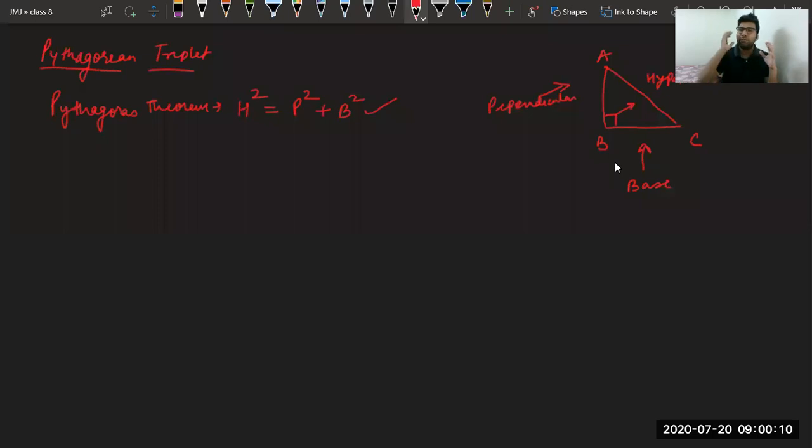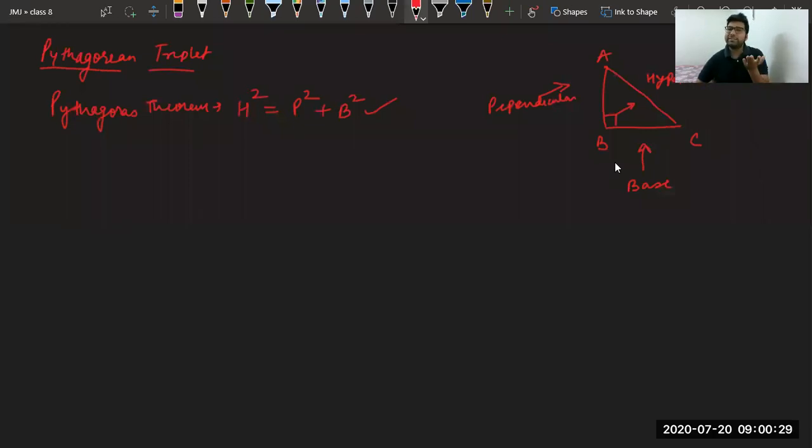This is a simple formula by Pythagoras, by which we can find any unknown side. If you have a right angle triangle, if you know two sides, you can easily find the third side with the help of this formula, that is hypotenuse square is equal to perpendicular square plus base square.